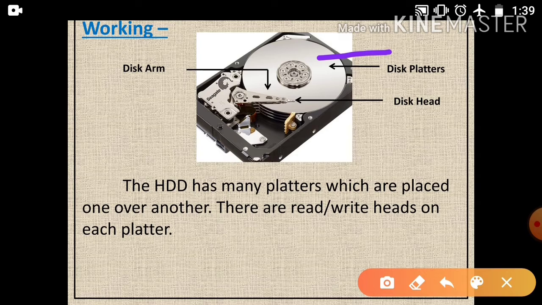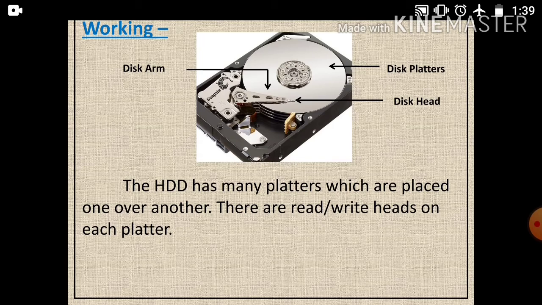There are two read and write heads on each platter. Here the heads are shown to you, and these heads are used to read and write data on the hard disk drive. The hard disk drive has arms that move the heads to the proper location of the platter whose data has been selected by the user.